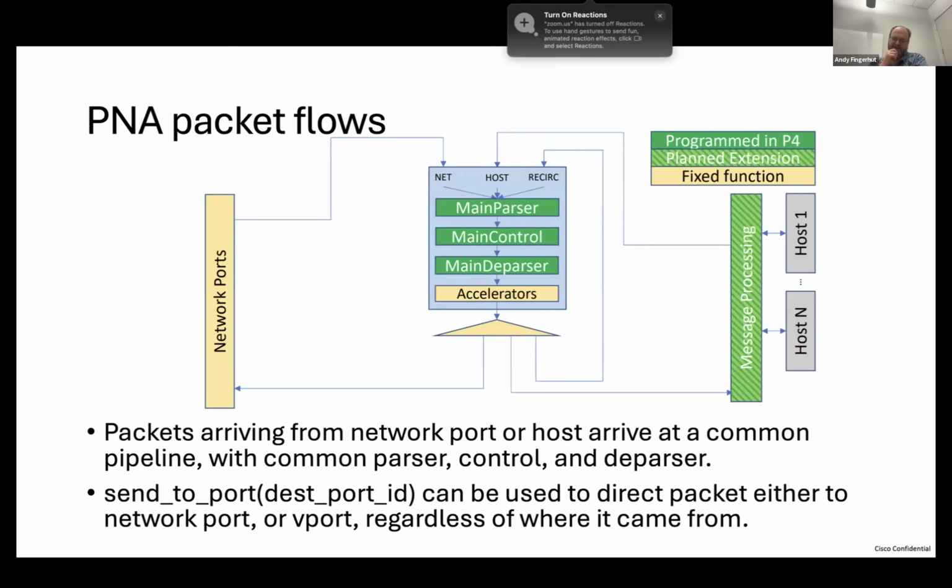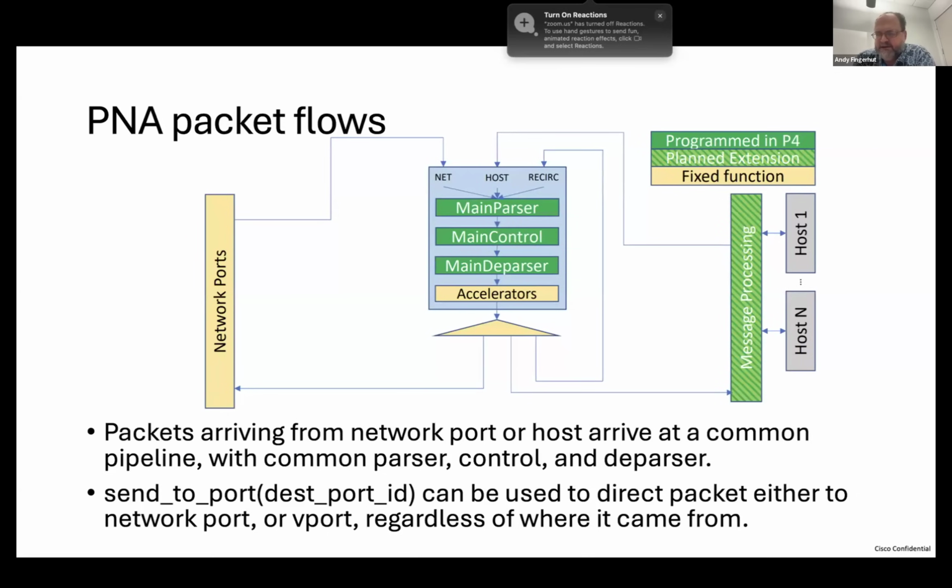So there have been many different variations of this picture. This is the current one from the Portable NIC Architecture specification that we've arrived at after more hours of discussion than you might expect. On the left, we have the network ports, typically Ethernet. On the right, we have something I'll mention later called message processing, but also the host PCI interface. And then in the middle, we've got a single programmable pipeline.